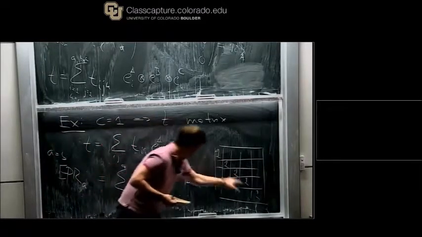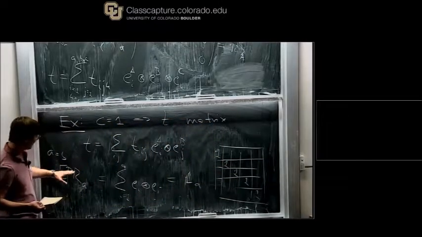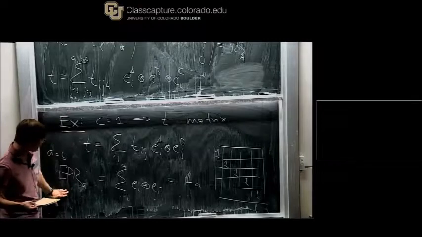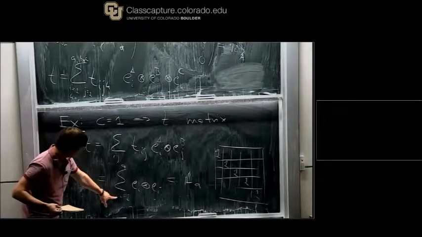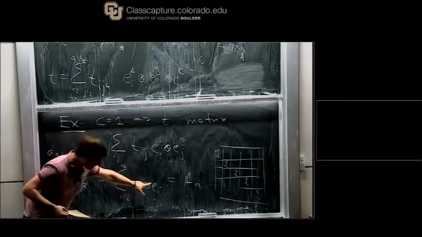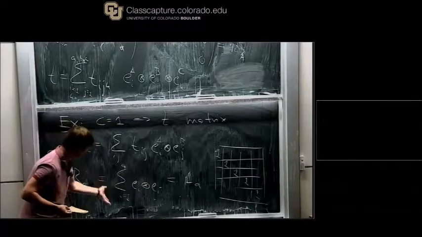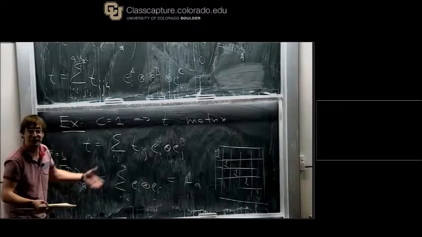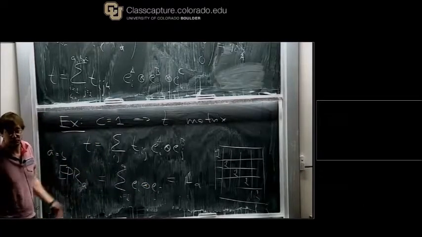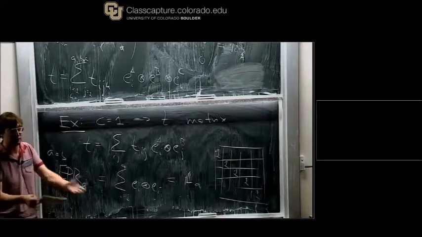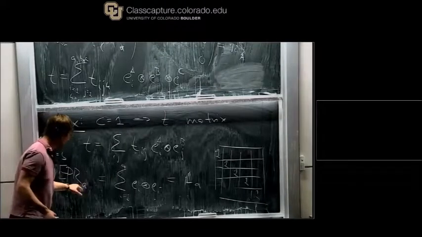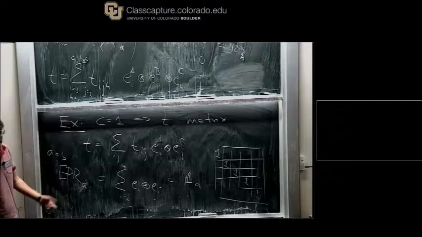And if that matrix is just the identity matrix, then the corresponding T is just the sum, delta ij, EI tensor EI. And then people in physics like to call this the Einstein-Podolsky-Rosen state of level A. Sometimes people only do it with A equal 2, or maximally entangled state of dimension A.